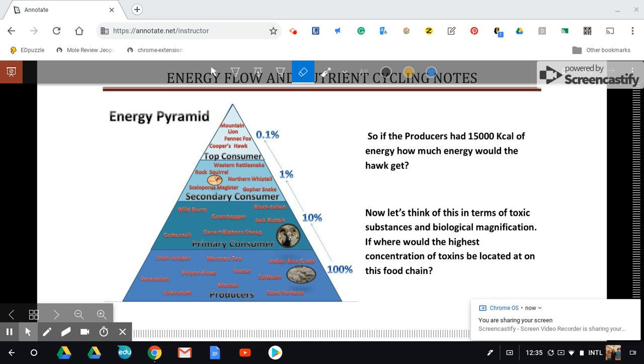So let's put this into a math problem. If I had 15,000 kilocalories of energy, how much would the hawk get? Let's say I started down here with 15,000. If I'm getting 10% each time, this is going to be 1,500. This will be 150. And so your hawk is going to get 15. That's why there's a limit to how many links there can be in a food chain.